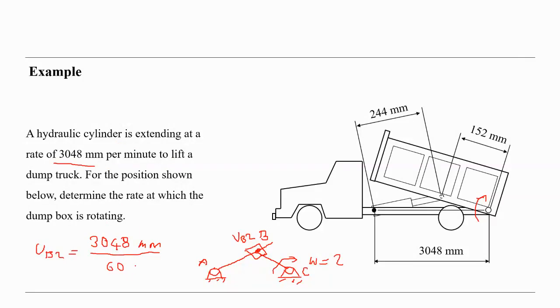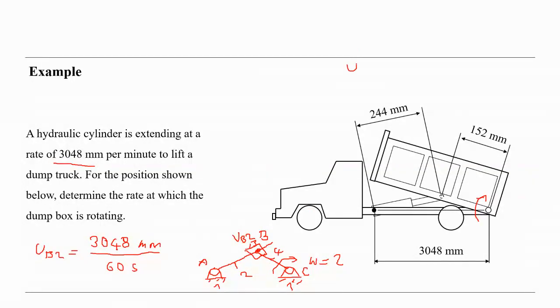So 60 seconds, and then we can get the millimeter per second, the VB2. And since VB2 is known, we have to calculate VB4. This is, let's say, the 1, this is 2, this is 3, and this is 4 here. So we have to calculate VB4.